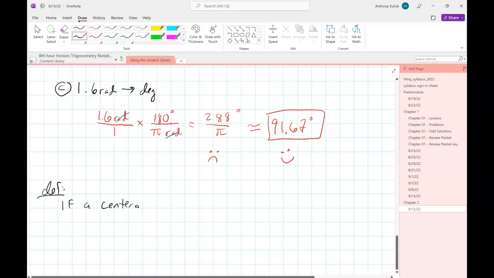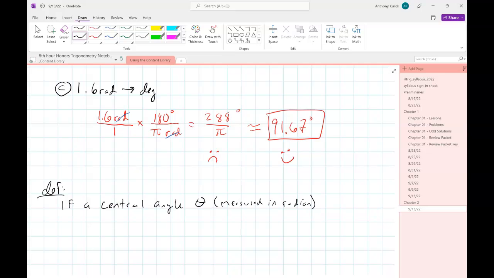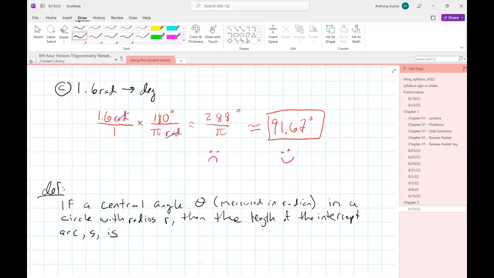If I have a central angle, and I'm going to call that angle theta, and I'm going to say that it's measured in radians, and that's in a circle with radius r, then the length of the intercepted arc, which I'm going to call S, is r times theta.